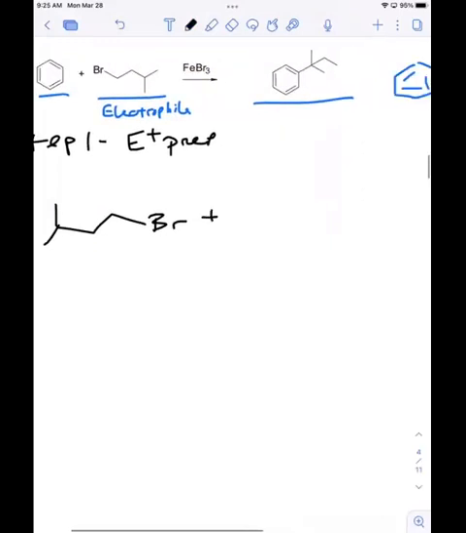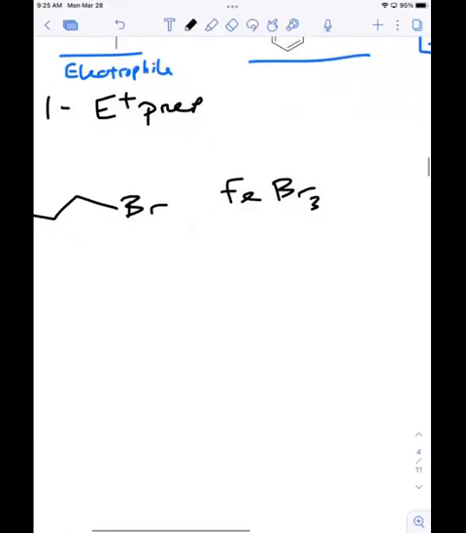All right, we're going to react it in the presence of iron 3 bromide. What's going to happen? We got bromine over here with a bunch of lone pairs around it. We got a metal like iron that has empty, in this case, empty d orbitals that can overlap with that bromine. What's going to happen?